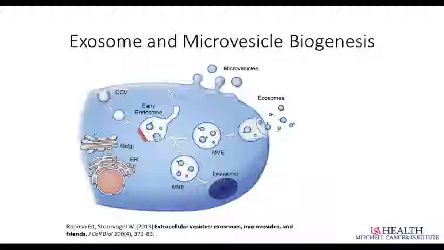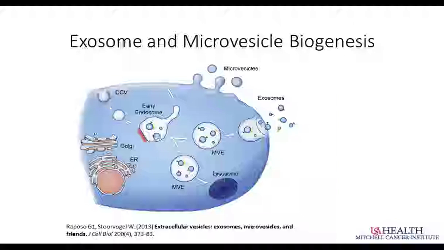So this little cartoon kind of depicts two different ways of how these are formed. The larger microvesicles actually bud off of the surface, literally pinch off and just release away from the cell. Hence, they're much bigger.